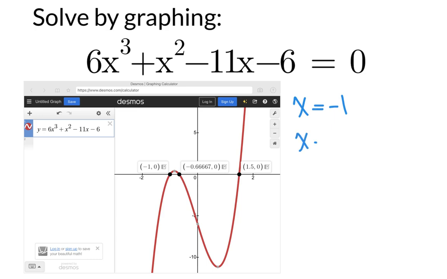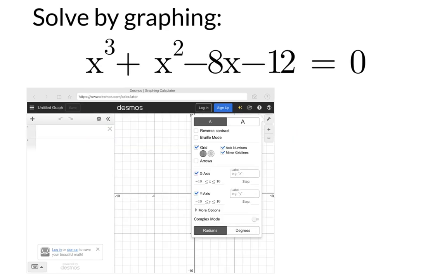When we have that x-intercept at negative 0.66667, we should recognize that that's negative 2/3. And finally, when we have our x-intercept at 1.5, 0, then our solution is 1.5. It's just that easy to solve polynomials.